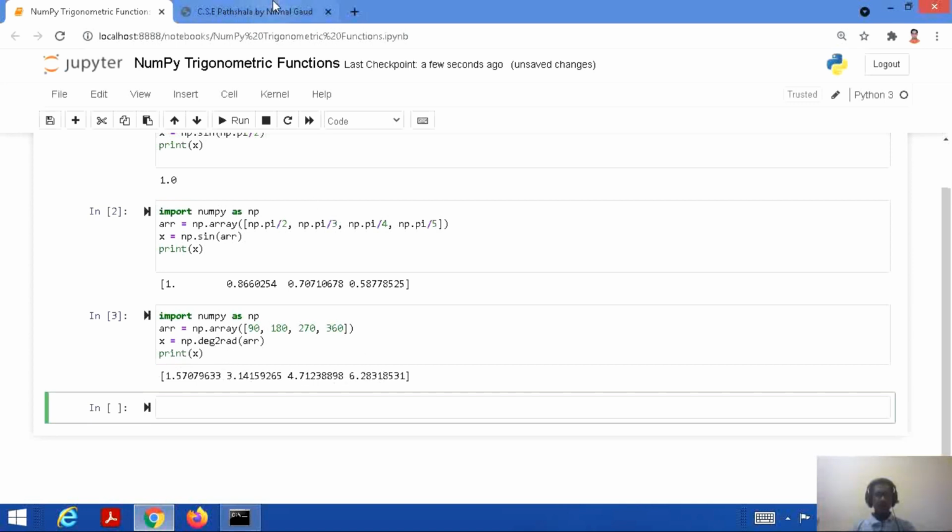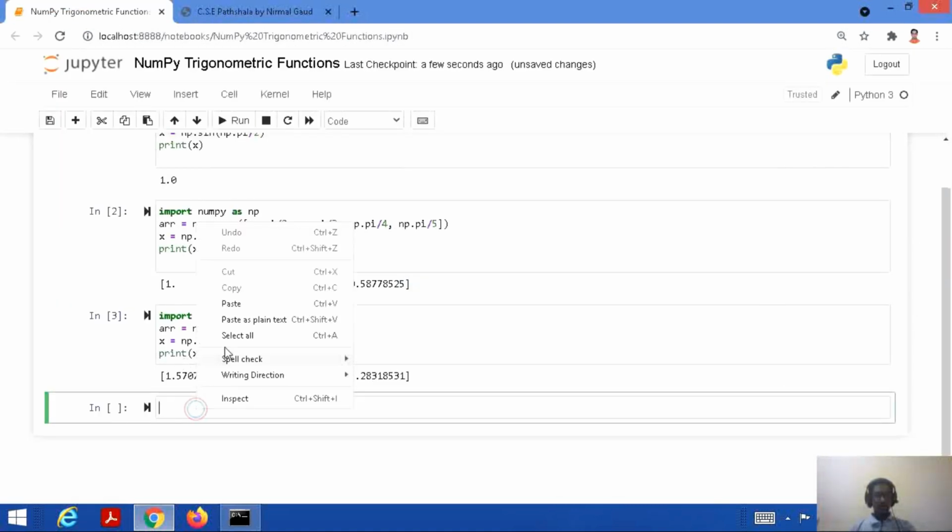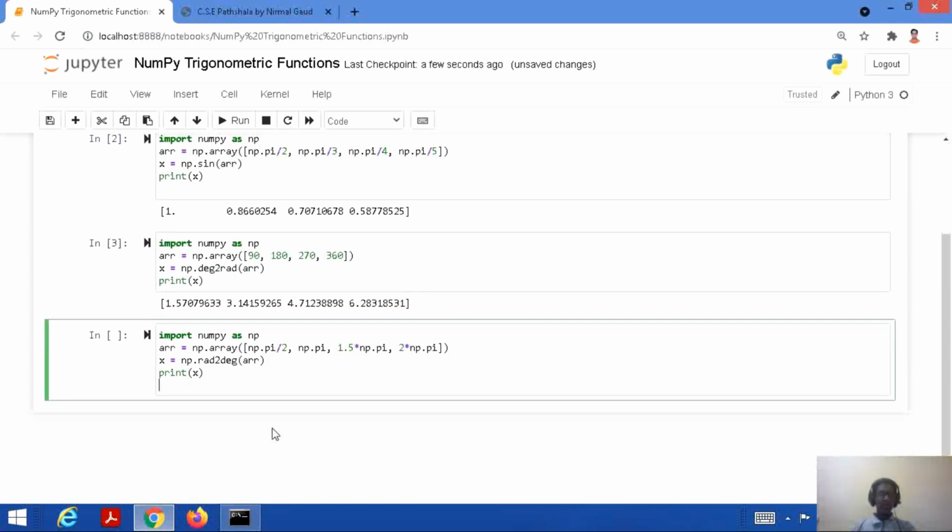Now, if you want to convert radians to degrees, let's consider one more code: converting all the values of the following array arr to degrees. Import numpy as np, arr equal to np.array np.pi by 2, np.pi, 1.5 into np.pi and 2 into np.pi. All these values are in radians and we need to convert them into degrees.